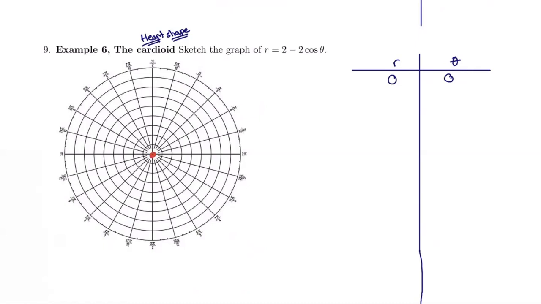The next point after that that I'm going to choose that is not going to have a square root in it is pi over 3, because the cosine of pi over 3 is a half. 2 times a half is 1. 2 minus 1 is 1.